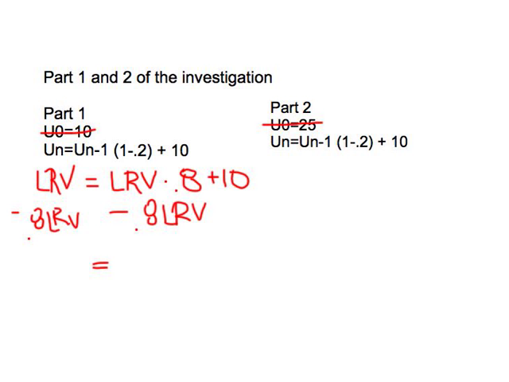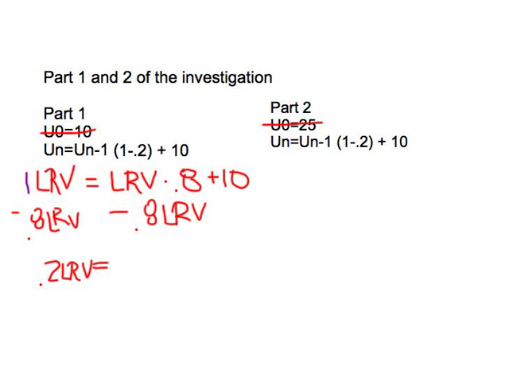All right, so this LRV that you see, the first LRV, is the same thing as 1 LRV. So 1 LRV minus 0.8 LRV is going to equal 0.2 LRV. Okay, so again, 1 minus 0.8 is 0.2.